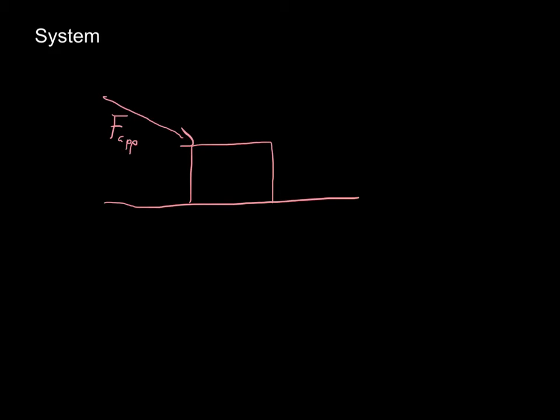A system is the thing that we're focused on, the particle or set of particles or object or set of objects that we're concerned about within a problem. In this particular problem, we could define our system, we put a little box around it, as being our box, and that our box is in contact with that particular surface. What applies this force out here really has no bearing on that problem, so we're not going to consider it a part of our system.